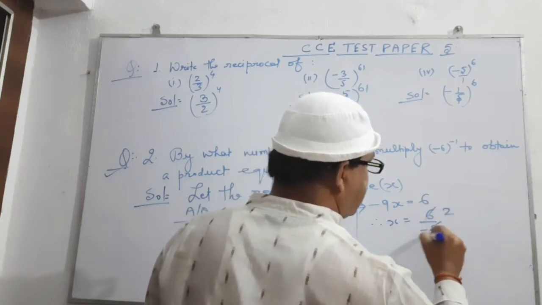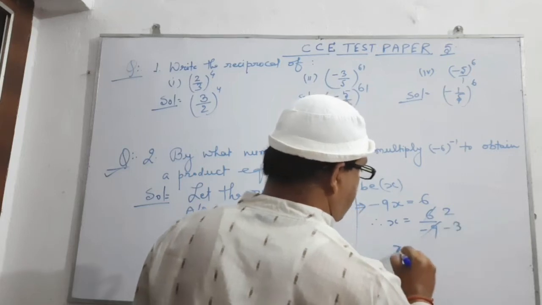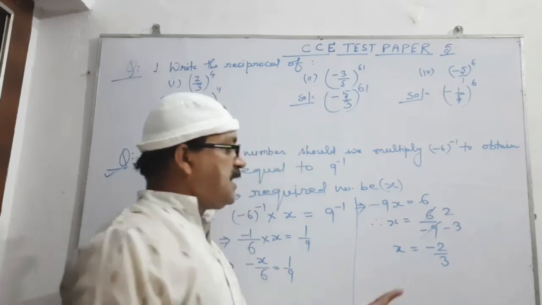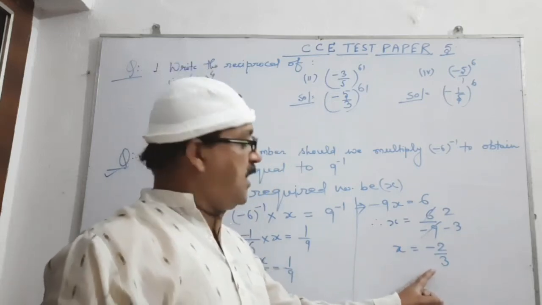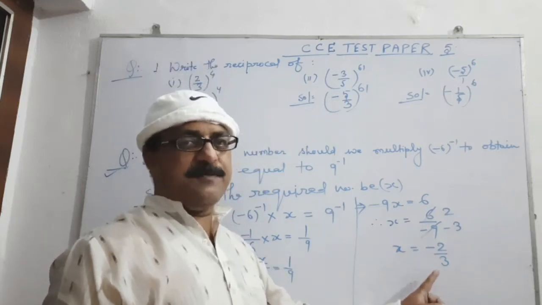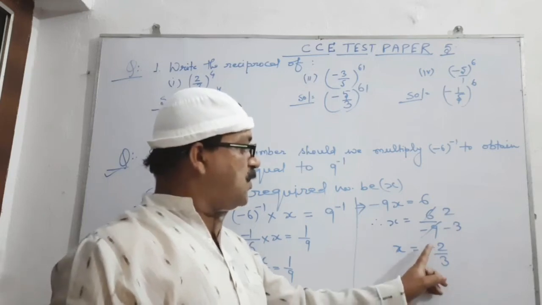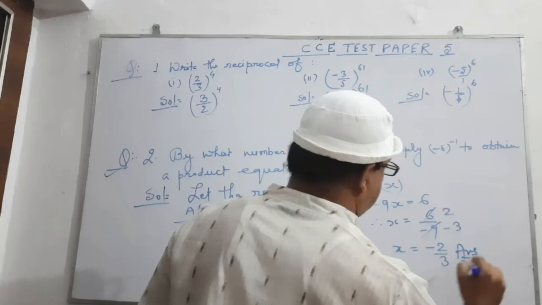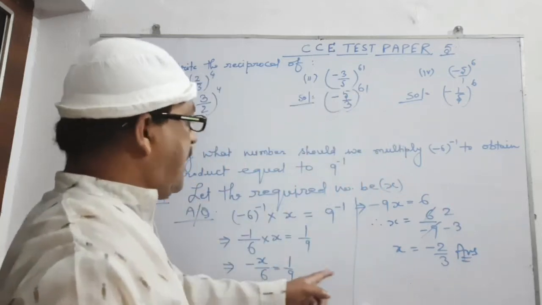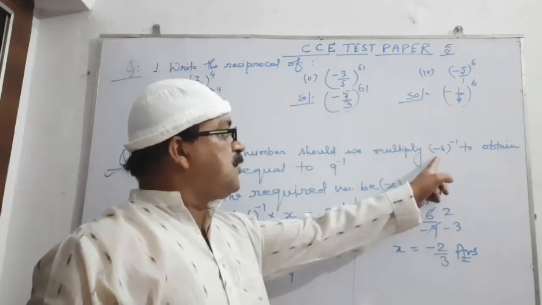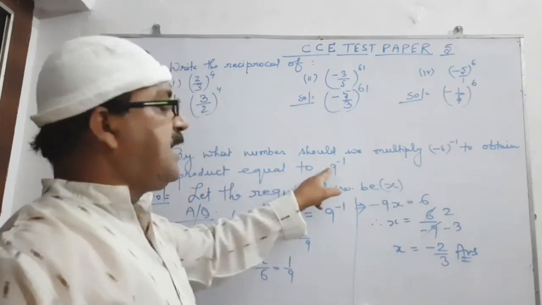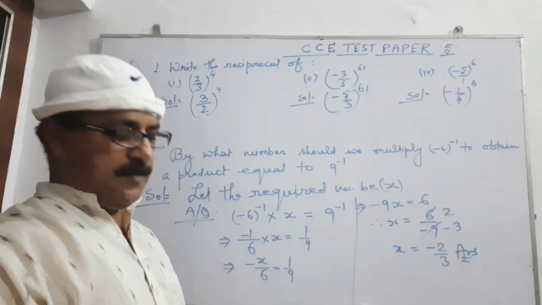Three 2s are 6 and three 3s are 9. When you write down the answer, it is minus 2 by 3. As we know, in a rational number the denominator is always a positive integer. So minus 2 by 3 is the answer. We multiply minus 2 by 3 with minus 6 to the power minus 1 and we obtain 9 to the power minus 1.